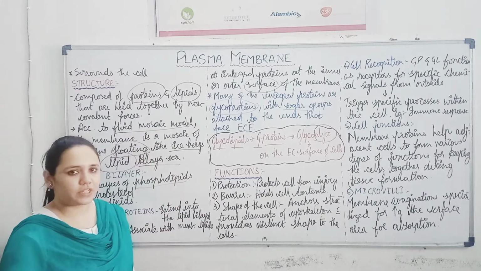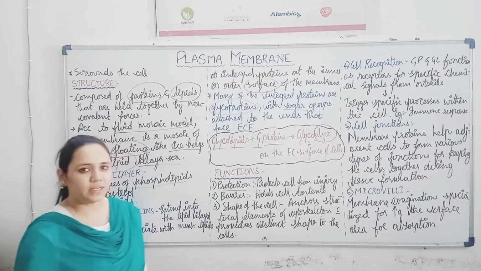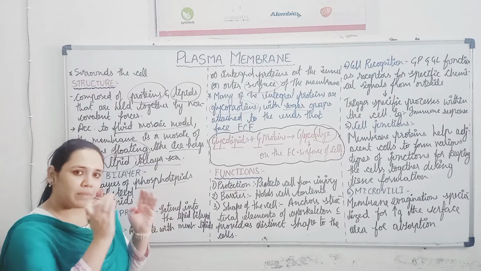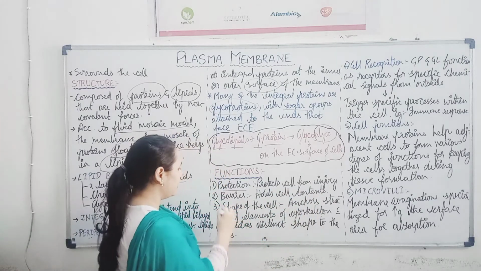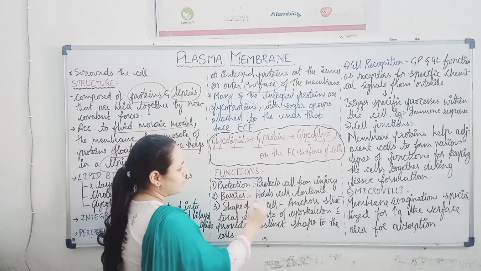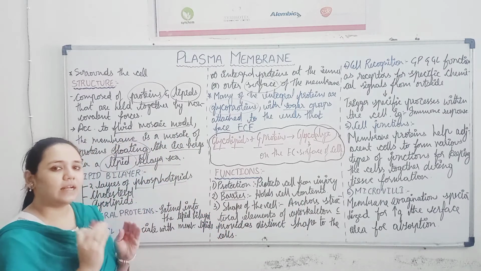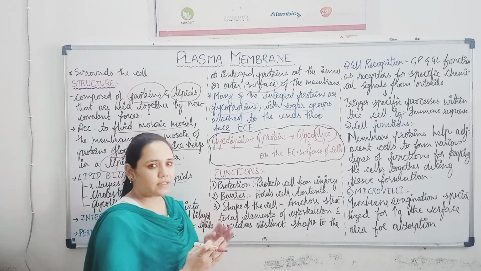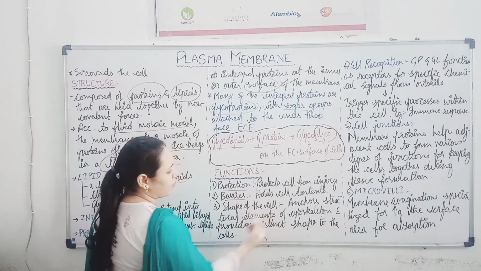Coming to the functions of the plasma membrane, the first function is protection, because it is the membrane of the cell. It protects the cell from injury. Next is barrier. It holds the cell contents. The contents inside the cells are held intact because the plasma membrane is present. Then it holds the shape of the cell.